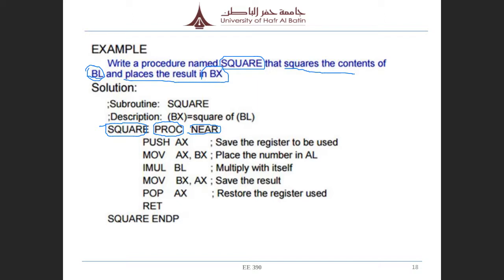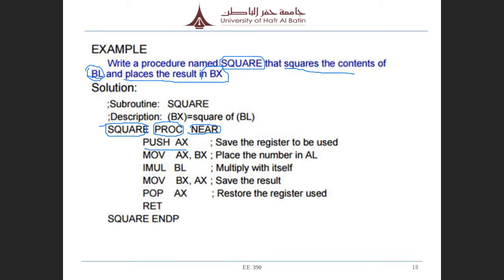I mean, is this subprogram in the same segment as the main program, or in a different segment of the main program? Near means this subprogram is in the same code segment as the main program, that's why it is called near. That means it's not very far.